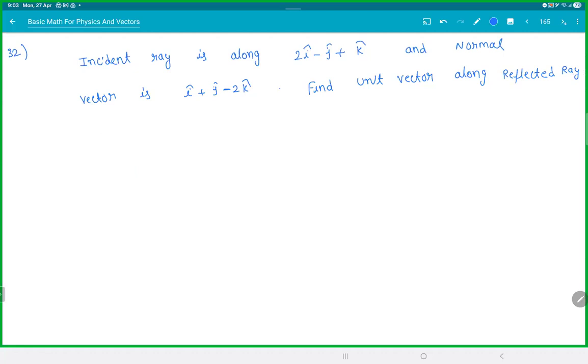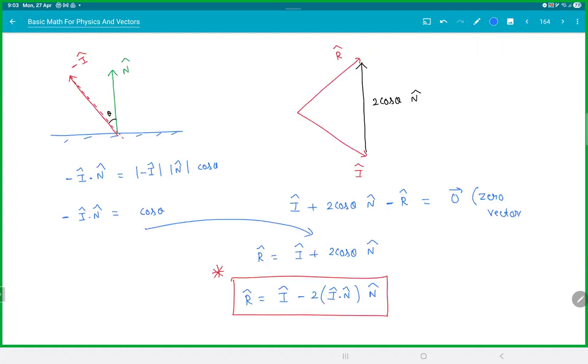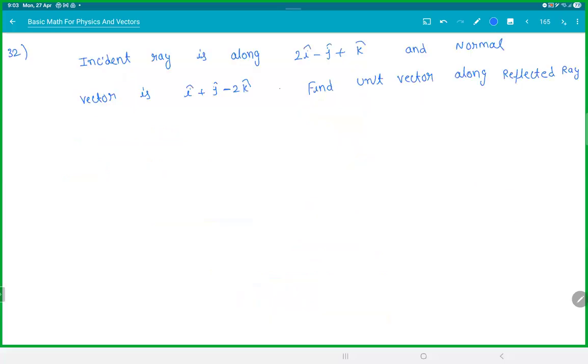It is just formula substitution. There's nothing to think. You can note down the formula in case you didn't: I cap minus 2 times I cap dot n cap into n cap. So get I cap, get n cap, put in the formula, and you'll end up with an answer. This is how they'll give a question in the exam, and you'll be wondering how to approach this. If you just want the angle, that is fine. If you want i cap, j cap, k cap, it's a mess.